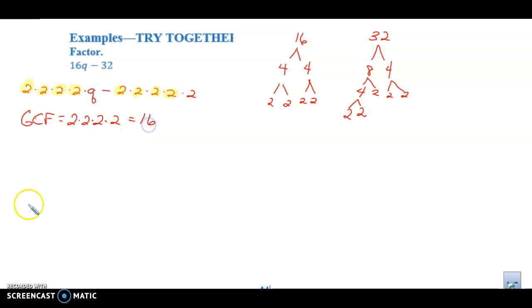So it's going to be 16. And then in our parentheses, we had a q left minus the 2. And there is our greatest common factor used to factor out our polynomial.